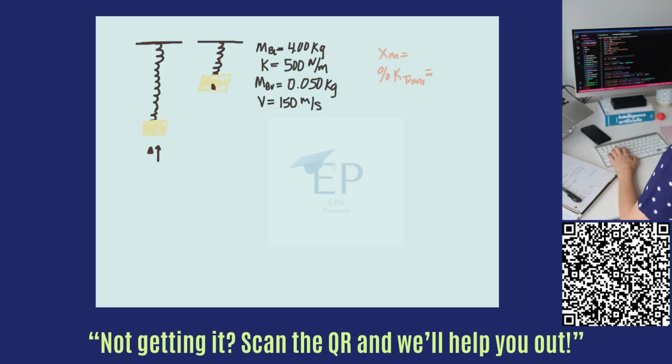For this problem, there is a block that is suspended from a spring that has a mass of 4 kilograms, and the spring has a spring constant of 500 newtons per meter. And then directly below, a bullet is fired up into the block.